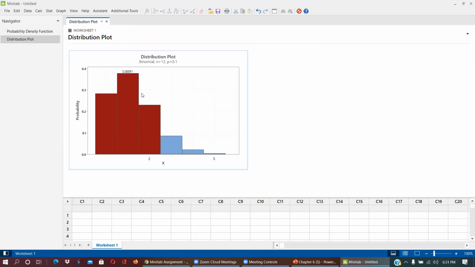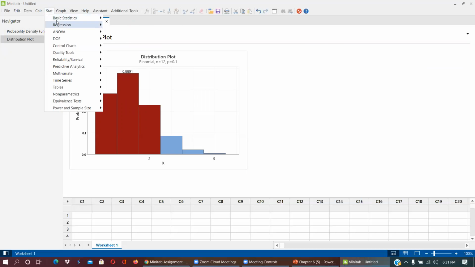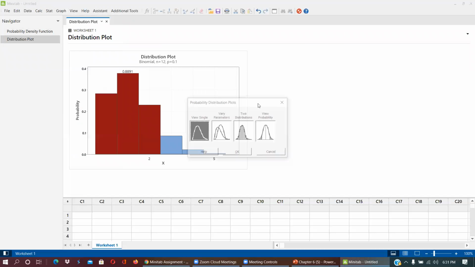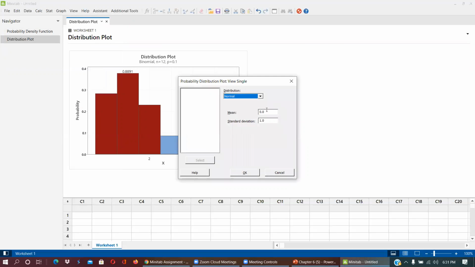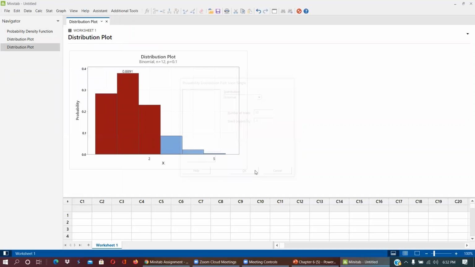This is just binomial, 12 trials, with the probability.